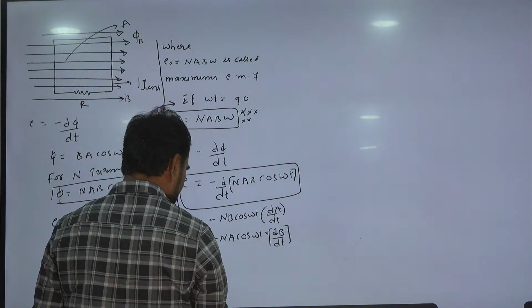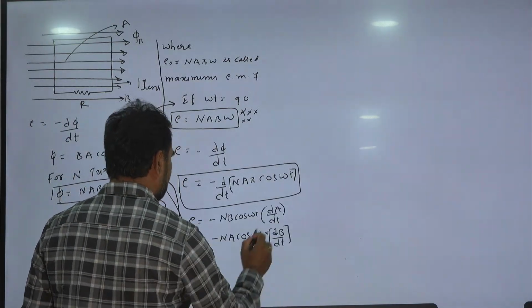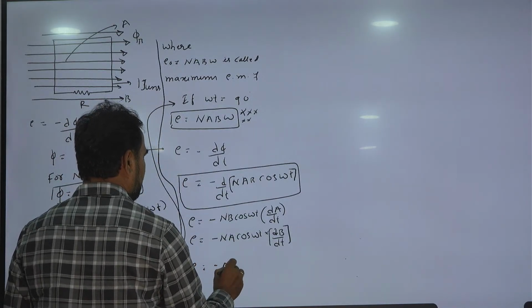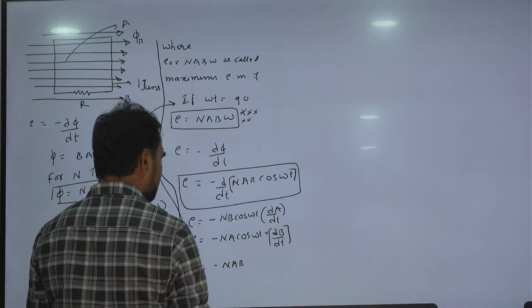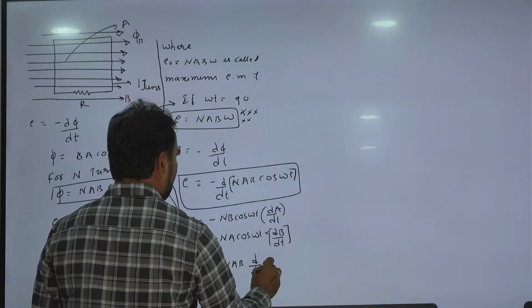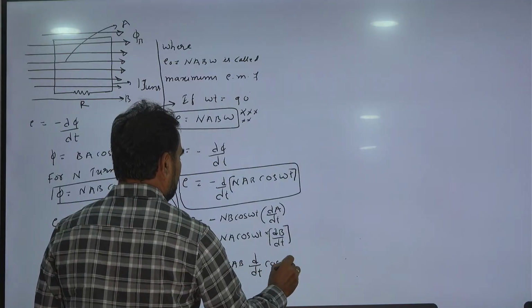Suppose the theta changes, then E is equal to minus NAB d by dt of cos omega t.